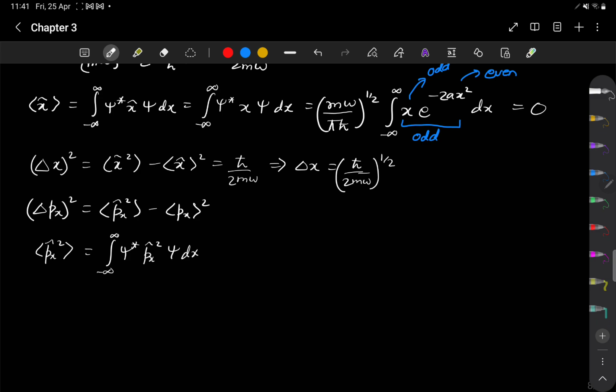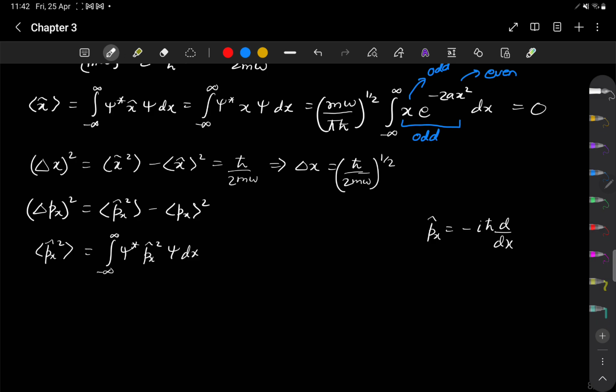Now this is going to be non-trivial because the momentum operator is defined as follows. Minus i h cross d over dx.